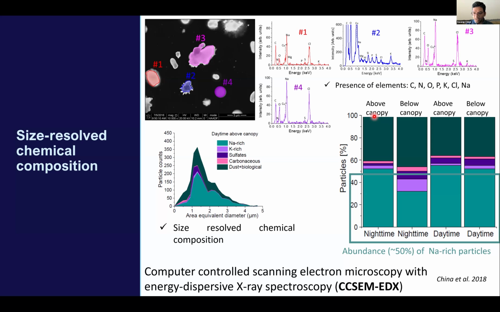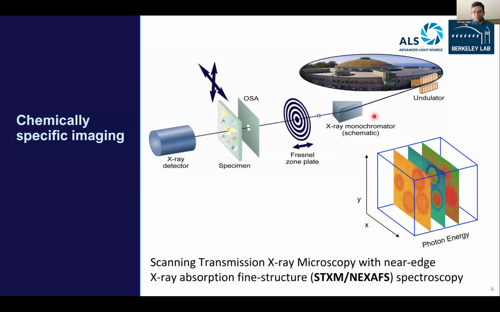this puzzle here. And to do that, I have to introduce one method which we often use, and that's why I am currently at the Advanced Light Source at the Lawrence Berkeley National Laboratory, where we use a method called scanning transmission X-ray microscopy with near-edge X-ray absorption fine structure spectroscopy, short name STXM. This is an X-ray absorption-based technology, so you can raster scan your samples, and after incident soft X-ray, you can look at the transmission after interacting with the particles, and measure it with the X-ray detector.